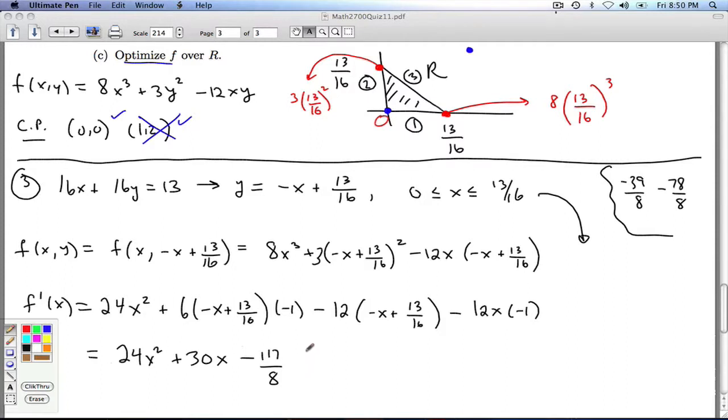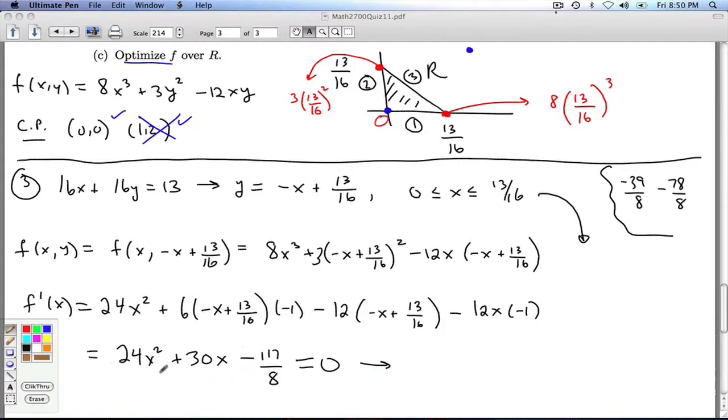Okay, so this derivative always exists. We need to set it equal to 0. We can multiply through everything by 8 to make things nice and friendly. And in fact, we can factor a 3 out at the same time. So let's multiply everything through by 8/3.